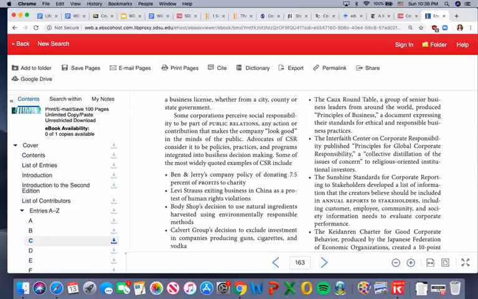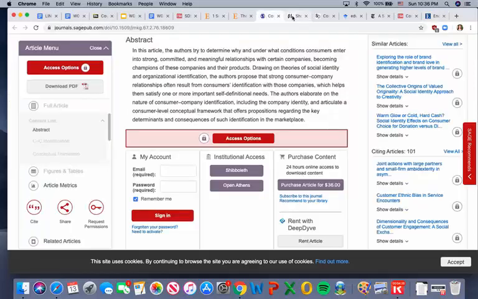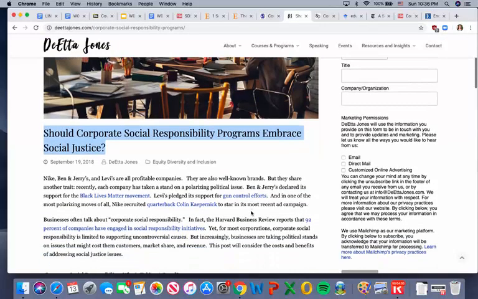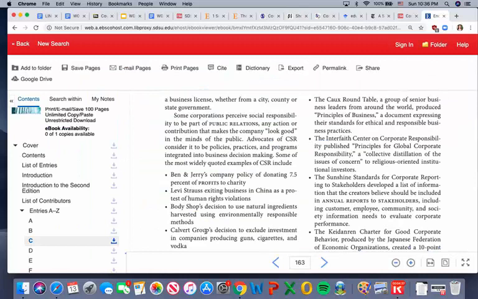So some of the most widely quoted examples of CSR include Ben and Jerry's donating 7.5% of profits to charities, Levi Strauss. That's interesting because those were two of the companies mentioned in this article, Levi's and Ben and Jerry's, but for different reasons. You can see there are a lot of reasons that people think about them.